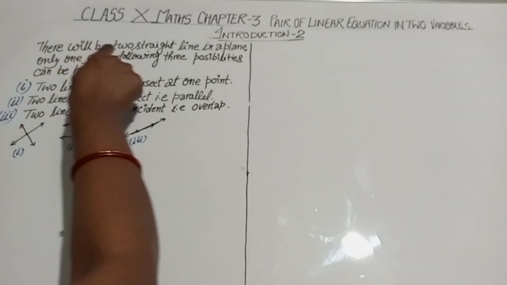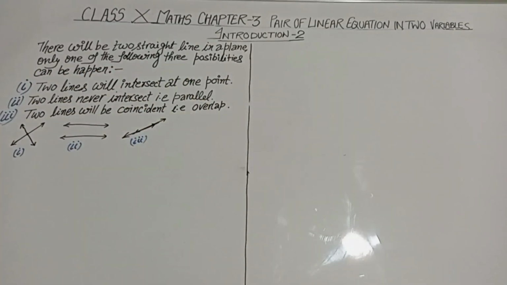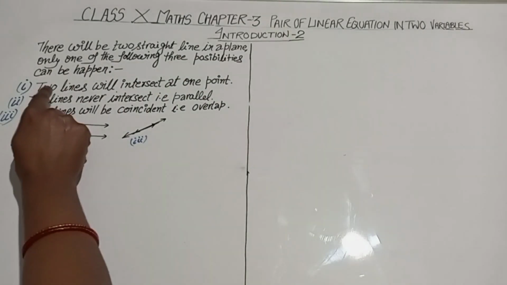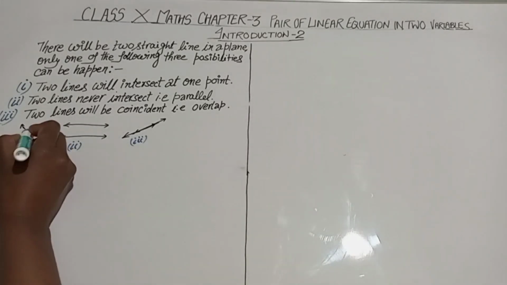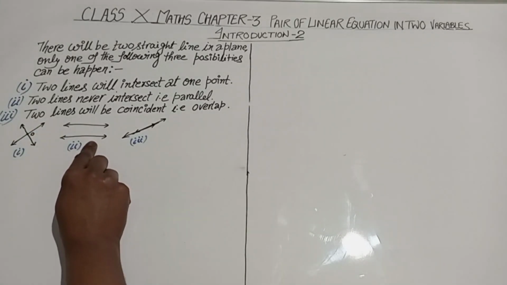Here we will discuss that for two straight lines in a plane, only one of three possibilities can happen. The first is that the two lines intersect at a point. The second is that they never intersect at any point.